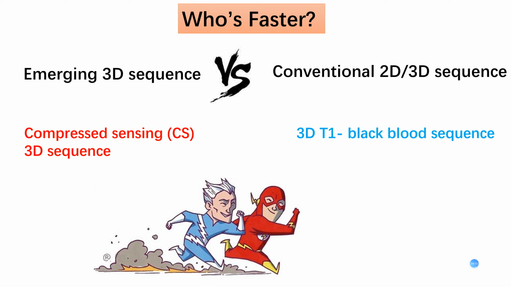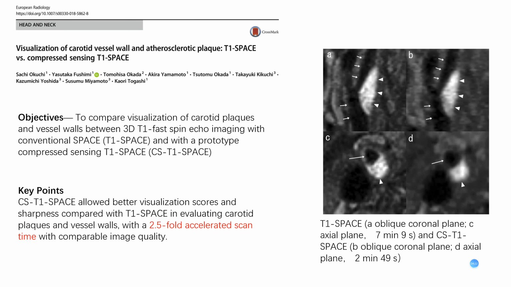First, let's ask who's faster for carotid scanning. This study found that compressed sensing T1 SPACE allowed better visualization scores and sharpness compared with conventional T1 SPACE in evaluating carotid plaques and vessels, with 2.5-fold accelerated scan time with comparable image quality.